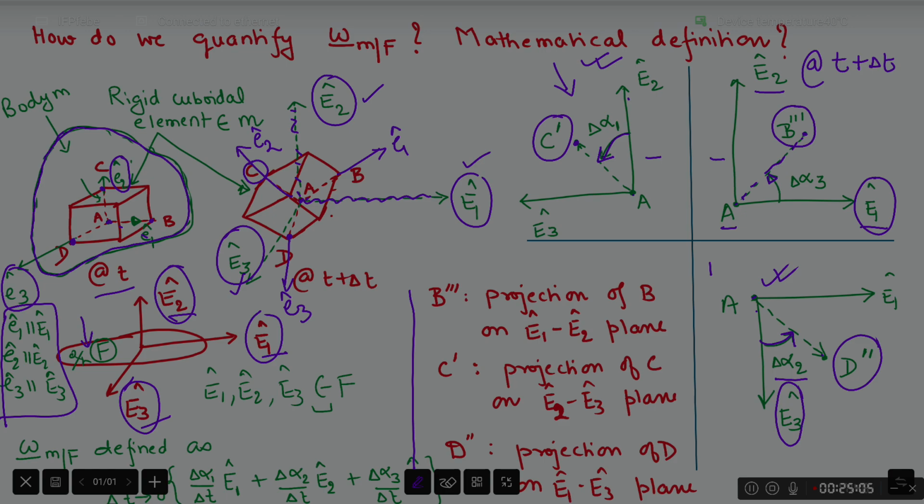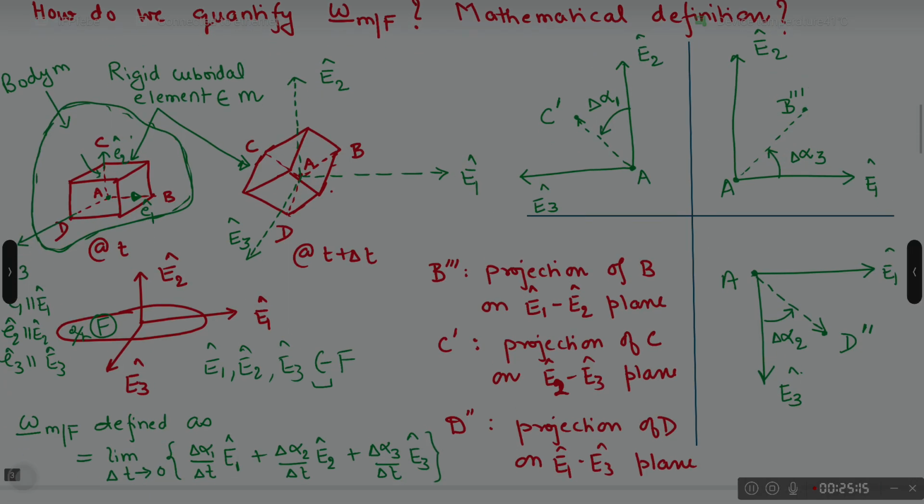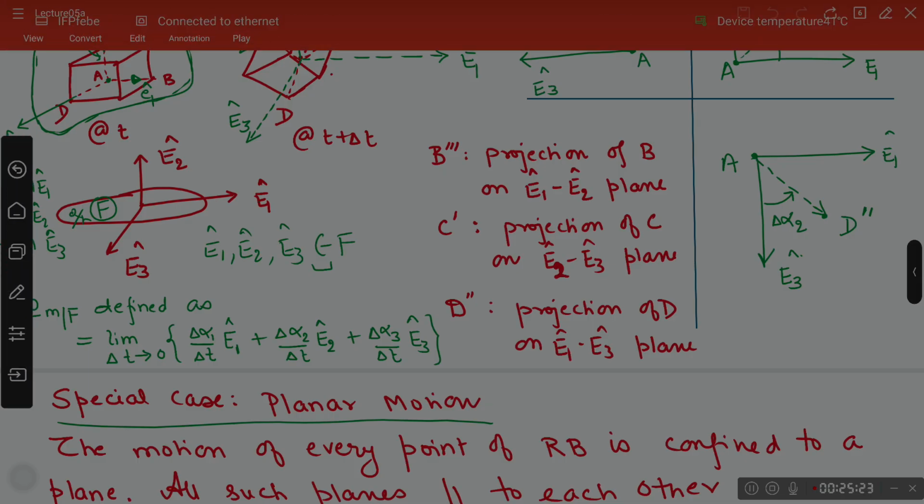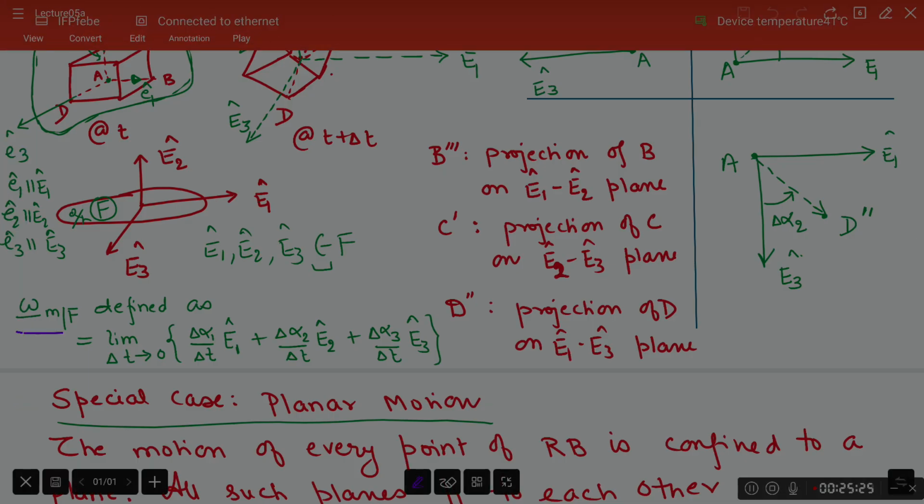With these three angles now defined, identified geometrically, I am in a position to write the precise mathematical definition of the angular velocity of body M with respect to F, as what I have here in green color.